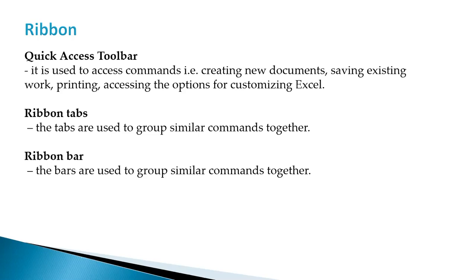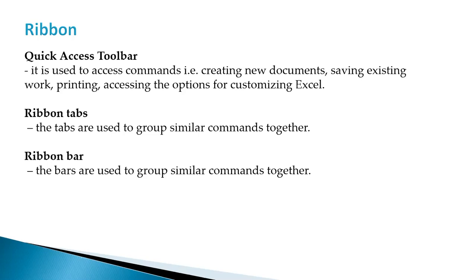So if you create new documents often, you can have a button for that in your quick access toolbar. If you save documents frequently, if you print frequently, whatever tab or whatever command you want to use, and you want to find them easily to save time and also increase your efficiency, you can place them on the quick access toolbar. And the ribbon tabs are used to group similar commands together.